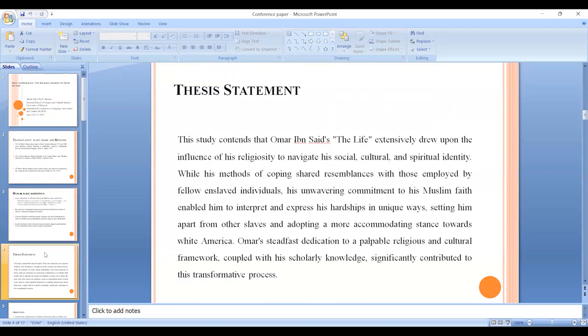While I was dabbling with the text of Umar ibn Said, who happens to be a Muslim slave in the 18th century antebellum America, this study contends that Umar ibn Said's slave narrative, called The Life, published in 1831, extensively drew upon the influence of his religiosity to navigate through his social, cultural, and spiritual identity.